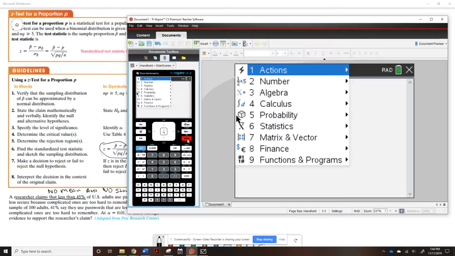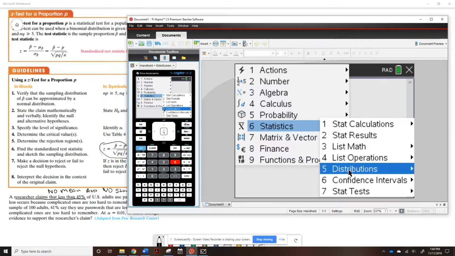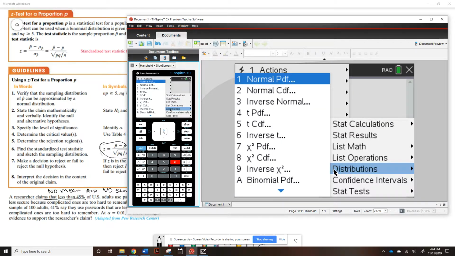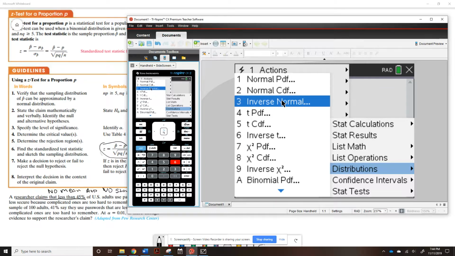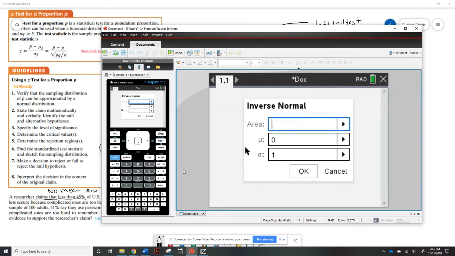This is menu 6. To find the Z value, it's a distribution question, and it's an inverse norm because I have the area. So I'm going to choose inverse norm. The area, what was the area? 0.01.